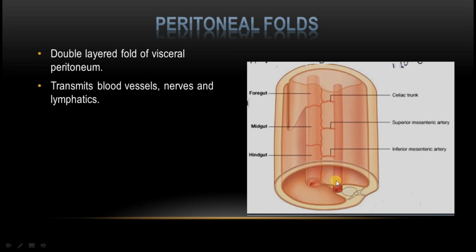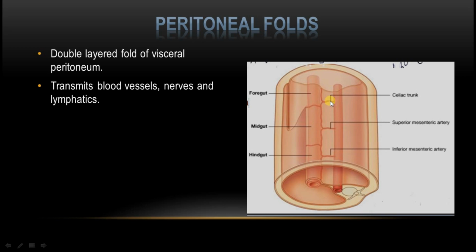Here you are able to see the viscera, a primitive gut tube, as a simple representation for our understanding. From here it has invaginated and taken a double layered fold. Through this double layered fold, you can see this blood vessel giving branches. So naturally, this main arterial trunk is giving branches. The primitive gut tube can be divided into foregut, midgut, and hindgut.